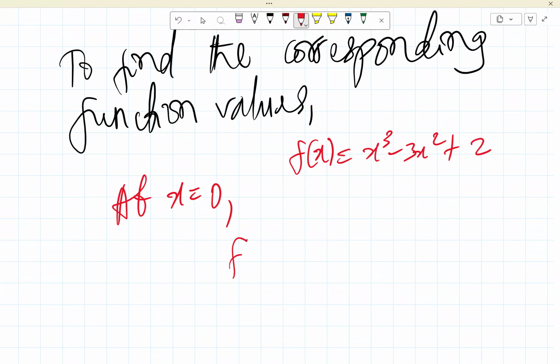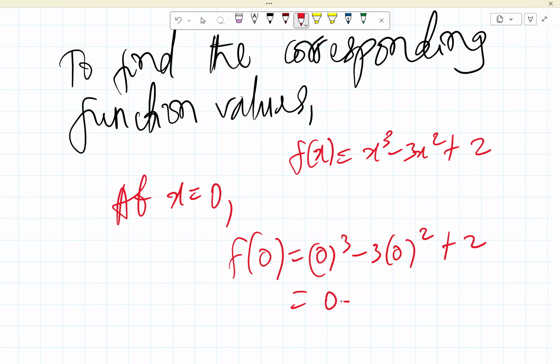So f of 0 would just be 0 raised to power 3 minus 3 into 0 squared plus 2. That is 0 minus 0 plus 2, and that is simply 2.